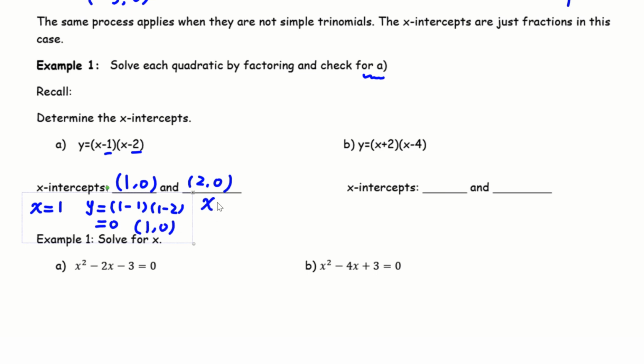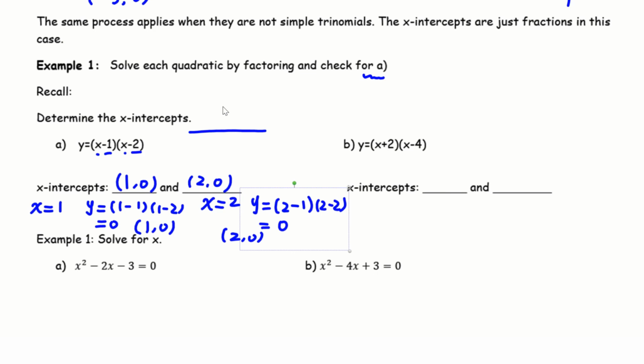If x equals 2, we substitute into the original equation, x replaced by 2. So (2 minus 1) times (2 minus 2), you will have 1 times 0, which is 0. So (2, 0) is a point on the x-axis. They are the x-intercepts, so y equals 0.